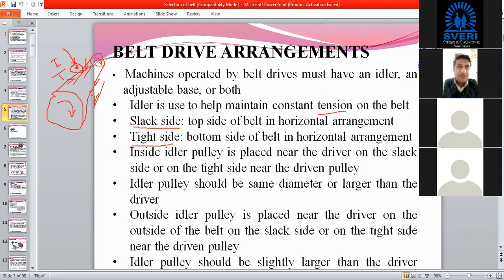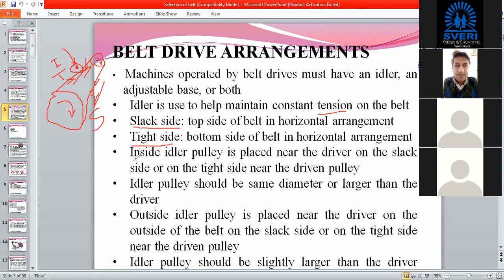So the belt is pulled by this driver, and this is driven, and later on it is pushed towards the driven pulley. So this side is the slack side, and this upper side is the tight side. In a horizontal arrangement, the top side of the belt is the tight side and the bottom side is the slack side.